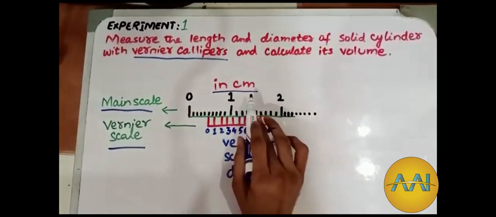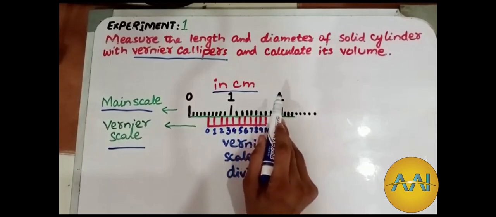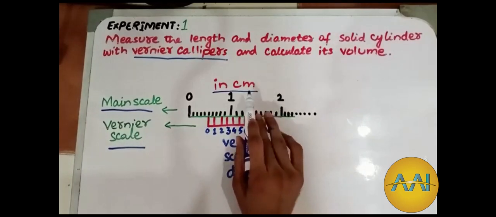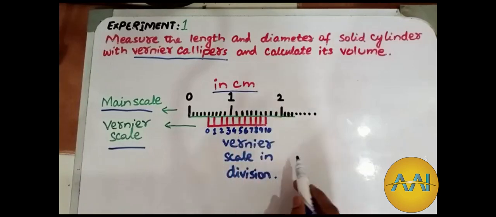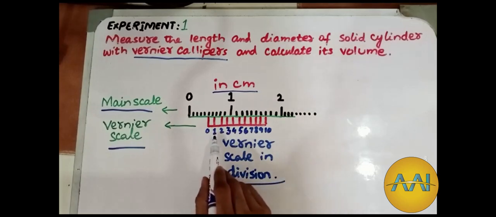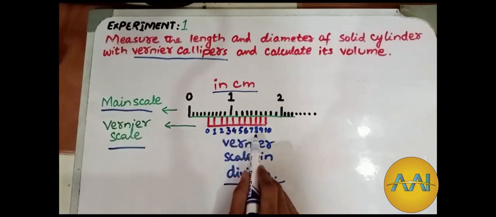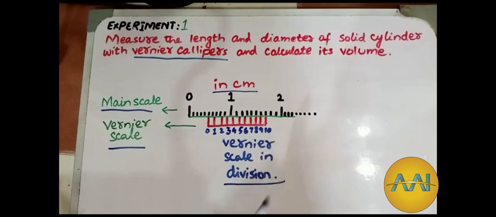The main scale is always in centimeter, whereas the vernier scale has no unit but is in divisions. It has 10 divisions, like 0, 1, 2, 3, 4, 5, 6, 7, 8, 9, 10. Not more than 10 in it.